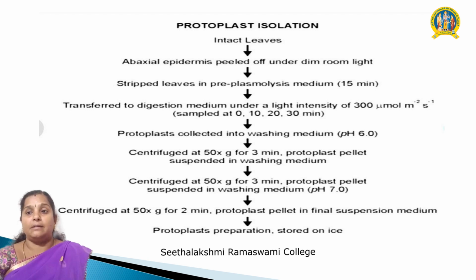The protoplast pellet is suspended in washing medium and centrifuged again for 3 minutes, then suspended in washing medium at pH 7. Then it is centrifuged again at 10,000 rpm for 2 minutes, and the protoplast pellet is finally suspended in Murashige and Skoog medium. Finally, the protoplast preparation is stored in ice cold water.